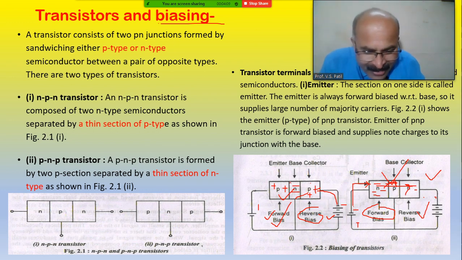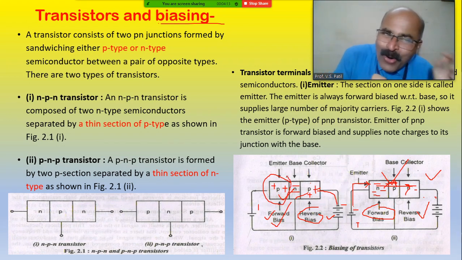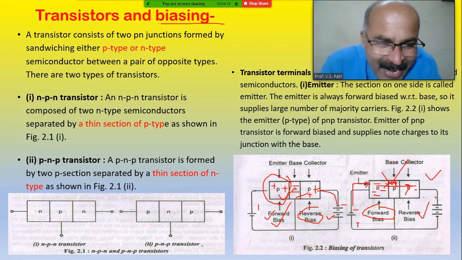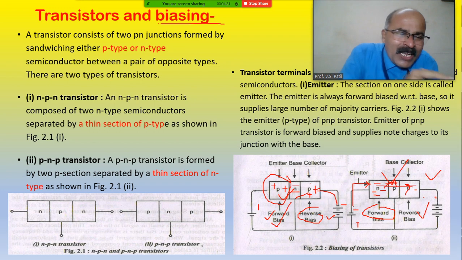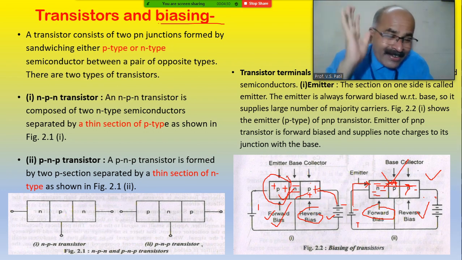And here the emitter section plays the role of emission of holes. In a PNP transistor, the emitter emits the hole. At the same time, in an NPN transistor, the emitter section emits the electron. Hence the name is given, the emitter.